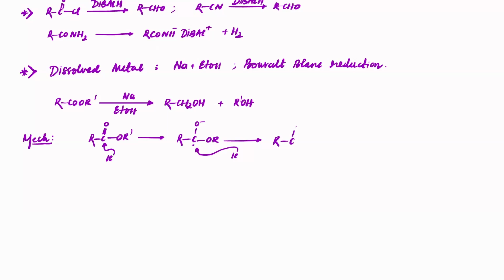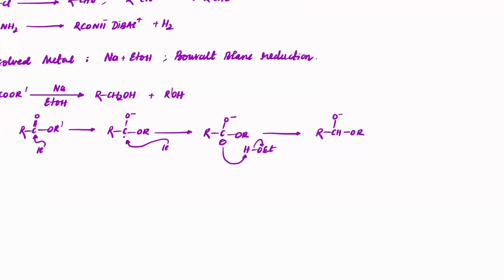So you'll get O minus, C minus, and OR, which will react with the ethanol to take H plus, and that's how you get R, C, O minus, CH, and OR. And this O minus will push to remove the OR, thus converting that into an aldehyde form.